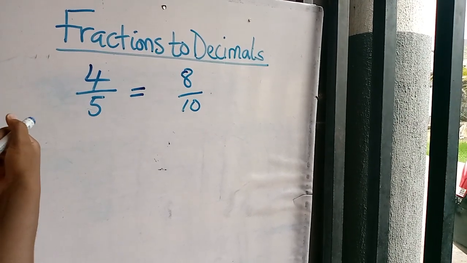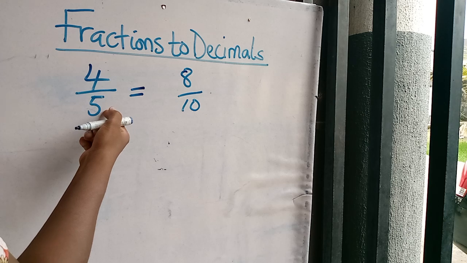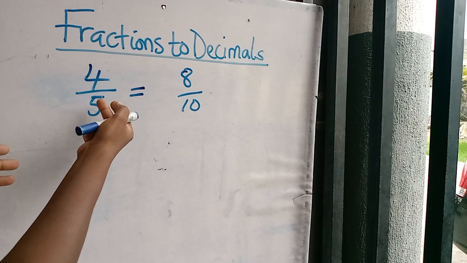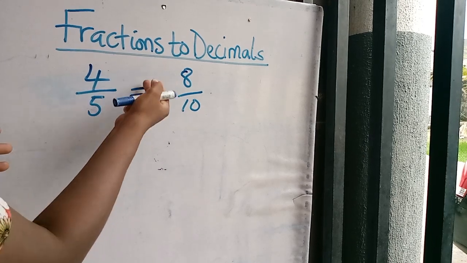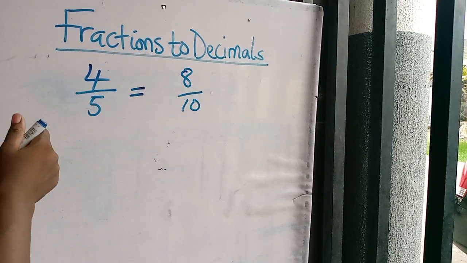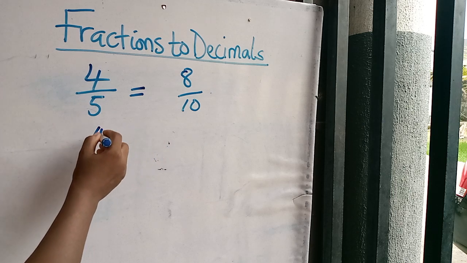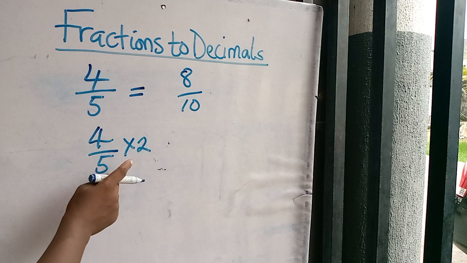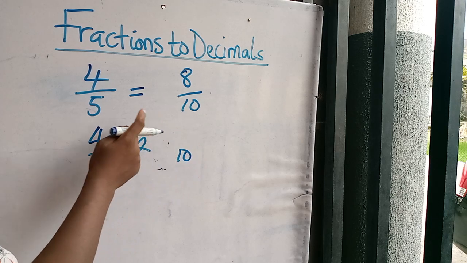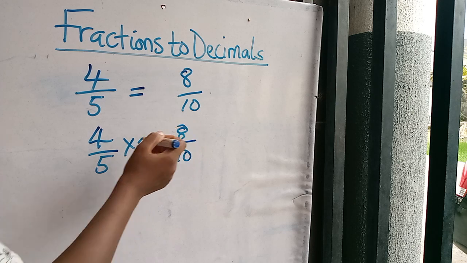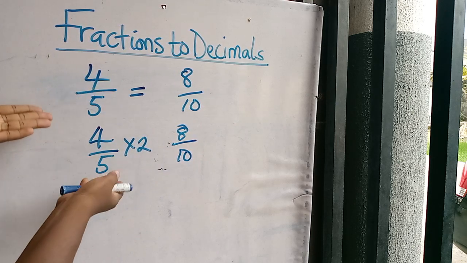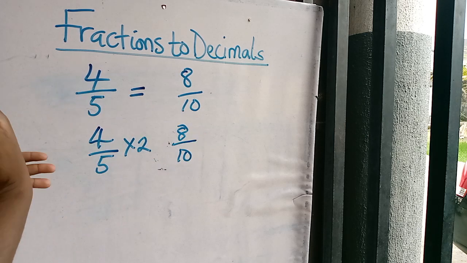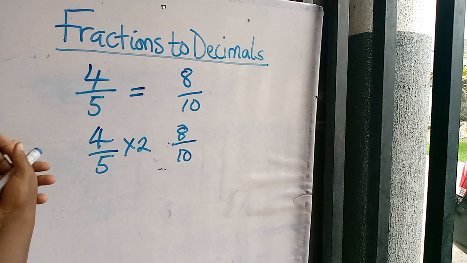But how do we know? We take the denominator to a power of 10 by looking for a factor that will multiply 5, giving us 10. We are still going to use that same factor to multiply 4 to give us 8. Here it is. 4 over 5 times 2. 2 times 5 will give us 10. 2 times 4 will give us 8. At this point, we have changed 4 over 5 to a denominator with base 10.